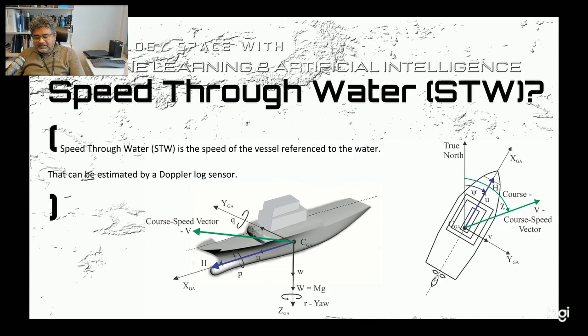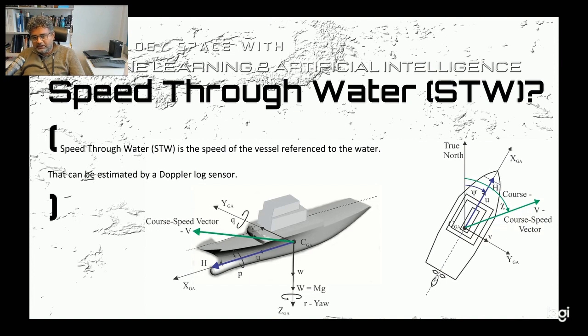And then there's another speed for these vessels that is called the speed through water, STW. The speed through water is the speed of the vessel with reference to the water. If a vessel is navigating in a larger water body which is moving at a specific speed, for example under ocean current conditions, then the vessel will have that speed through water.